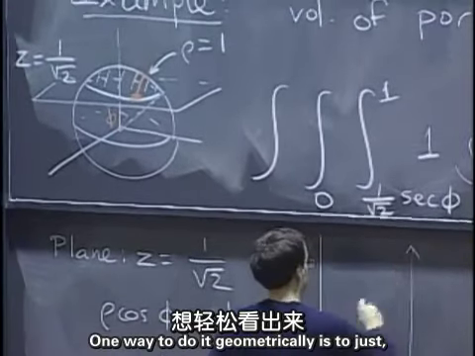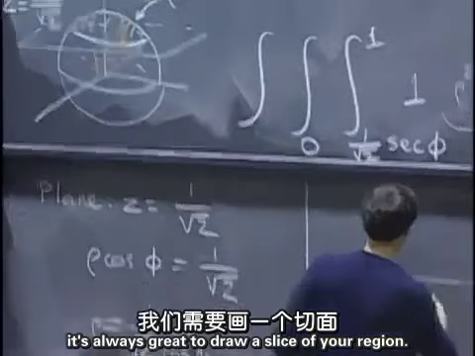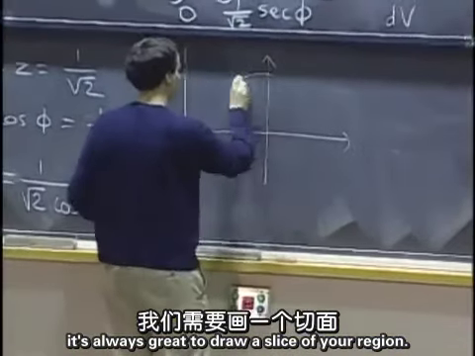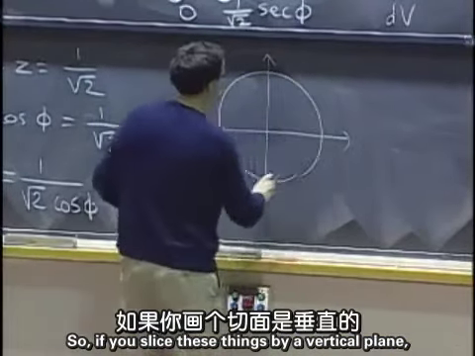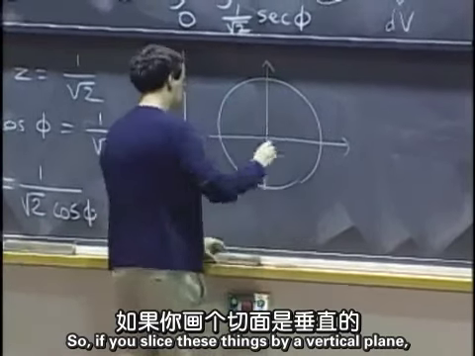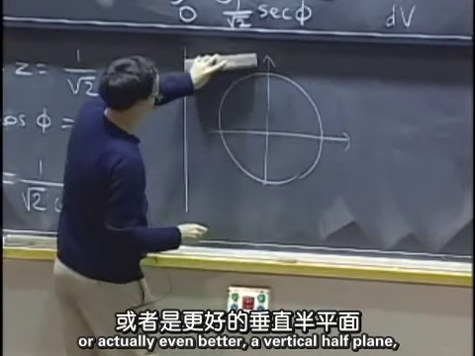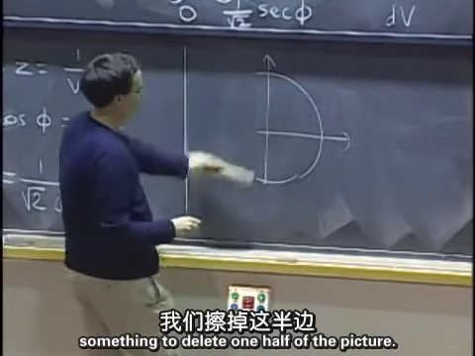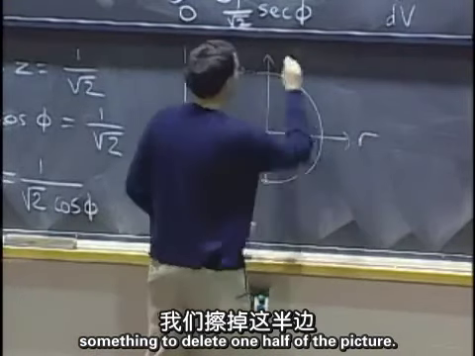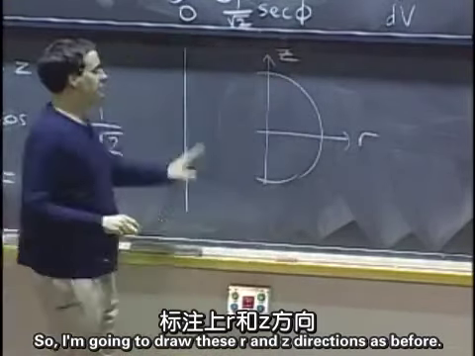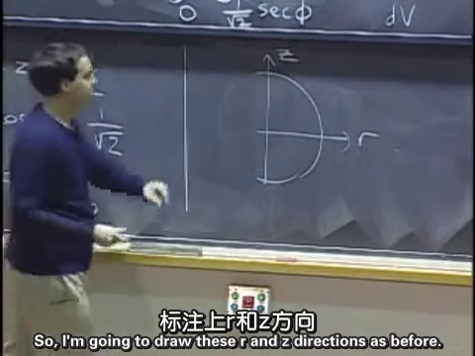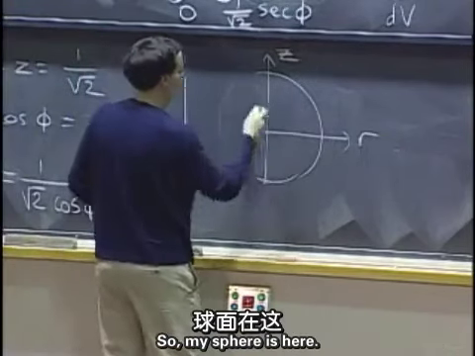One way to do it geometrically is to just, it's always great to draw a slice of your region. So if you slice these things by a vertical plane, or actually even better, a vertical half plane, so I'm going to delete one half of the picture. So I'm going to draw these R and Z directions as before. So my sphere is here.